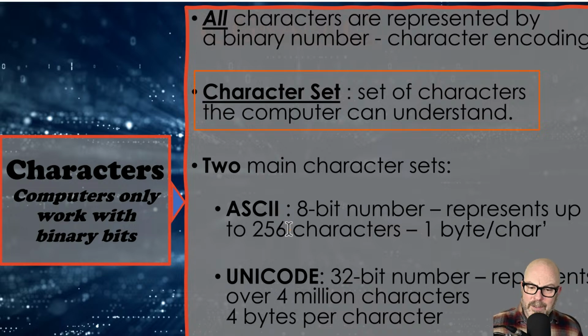But Unicode, on the other hand, although it's a 32-bit character set, you can represent over 4 million characters, which means that any foreign languages, in any languages, you can represent their characters as well. So that is your kind of character set. It's all the information you need, really.